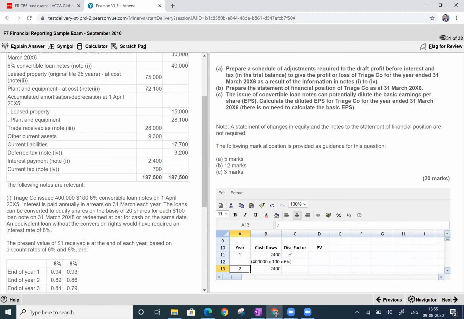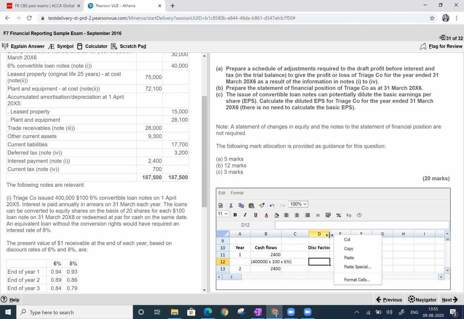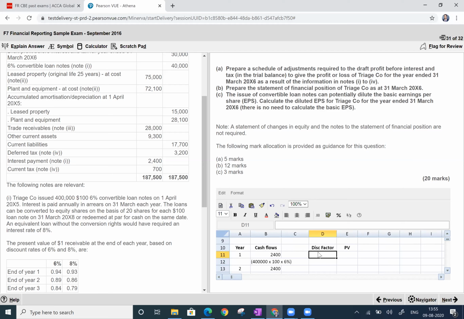Now, which will be the discount factor? There are 2 rates given, 6 and 8. Which should you take? You should take the interest rate for the non-convertible option. So an equivalent loan without conversion right would have a required interest rate of 8%. So you have to take 8%.